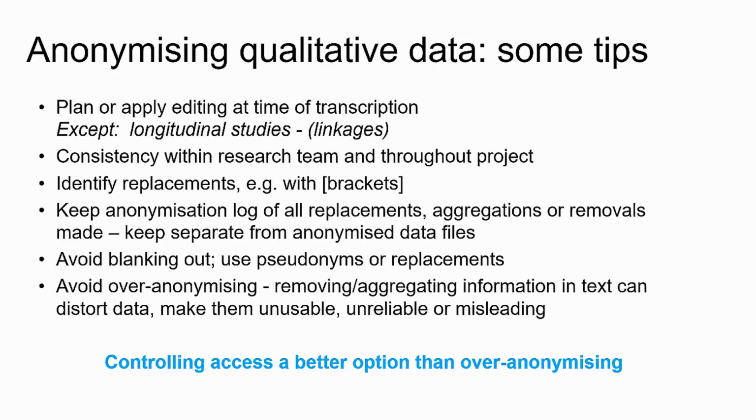Try and keep consistency throughout the research team and throughout the project. So we tend to write up transcription guidelines, and we have some examples on our website to help keep that consistency. Where you are doing some sort of replacement or redaction, it's always good to identify that.